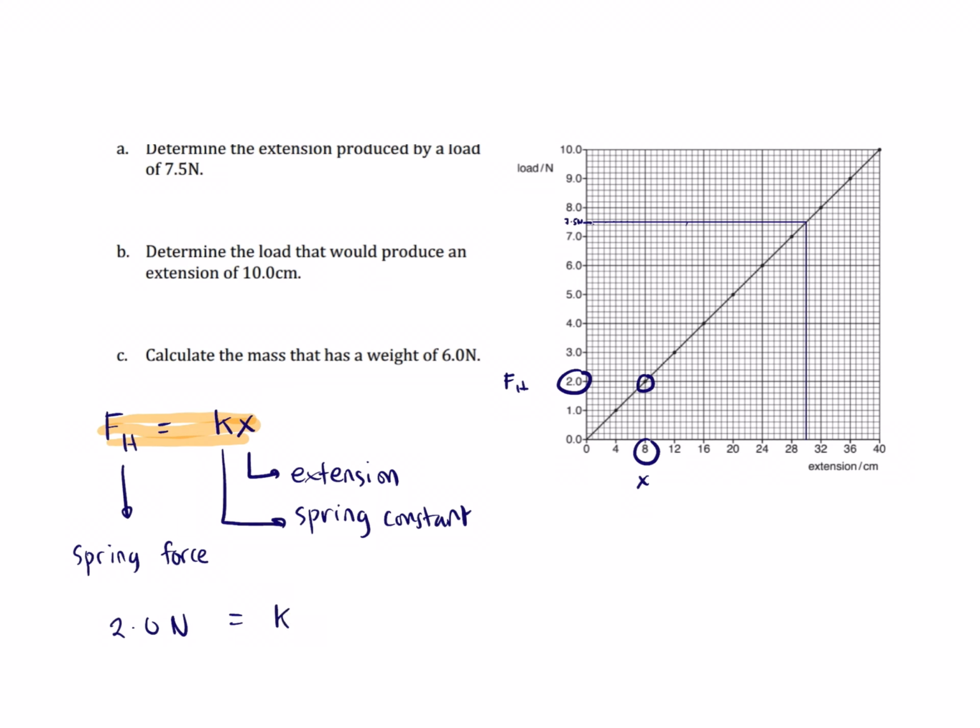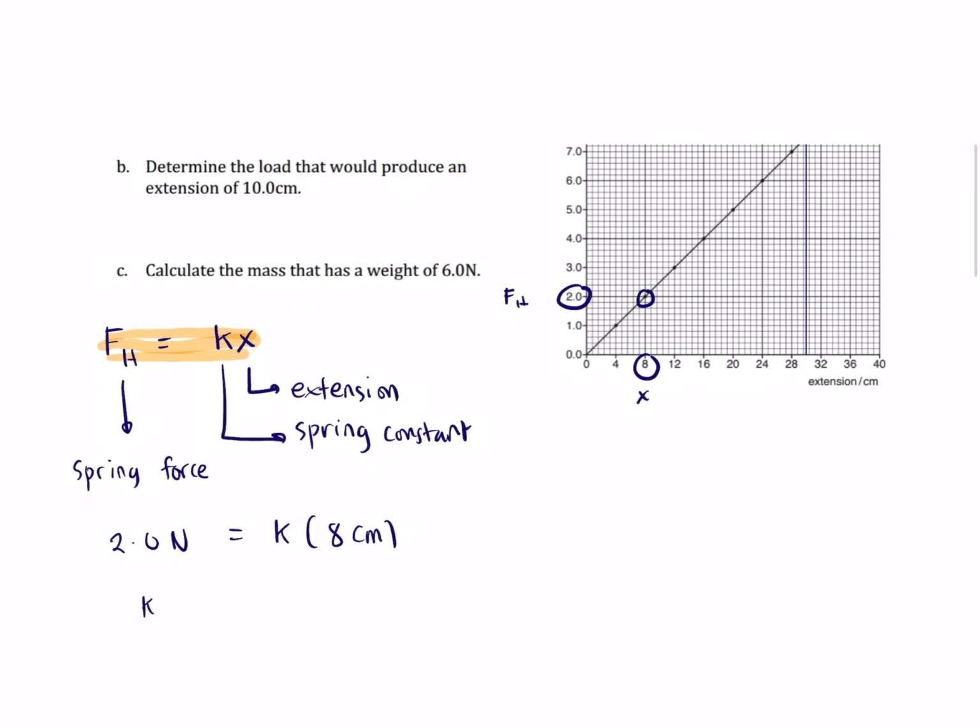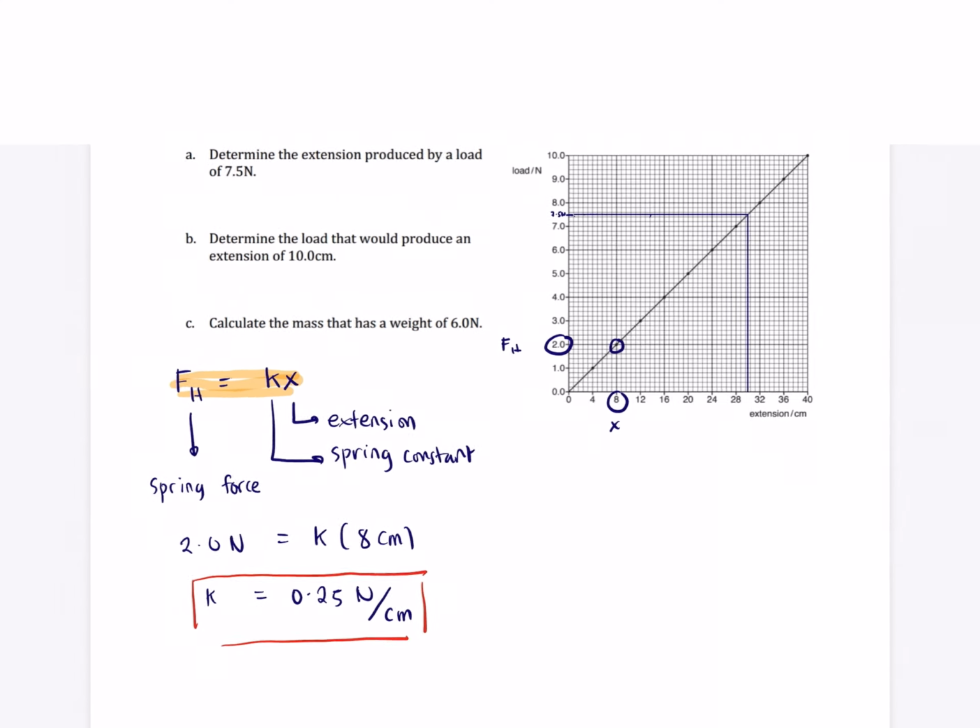So we could use that to solve for K. So extension is 8 centimeters. So then we will have our K is equal to 0.25 Newton per centimeter.